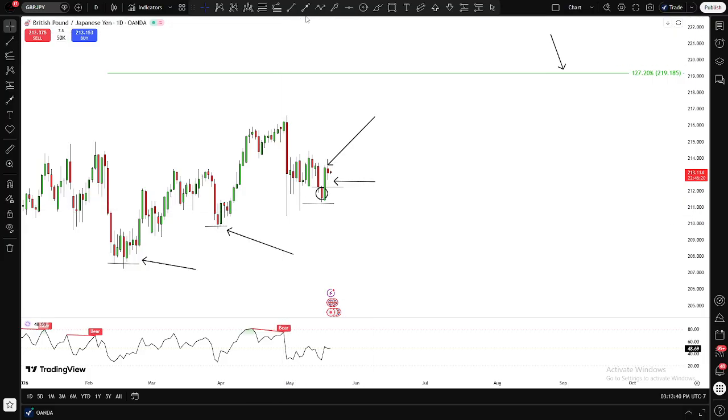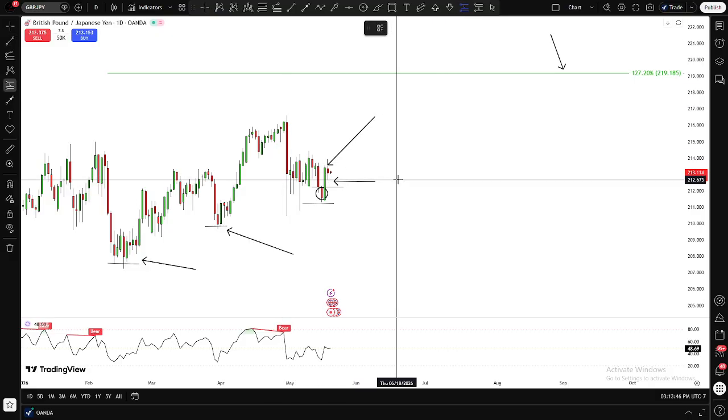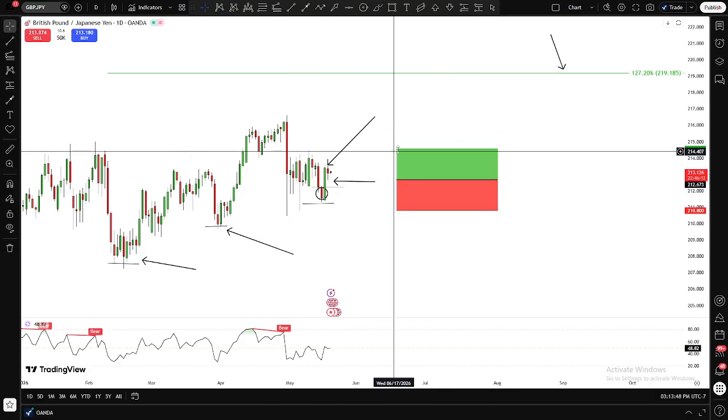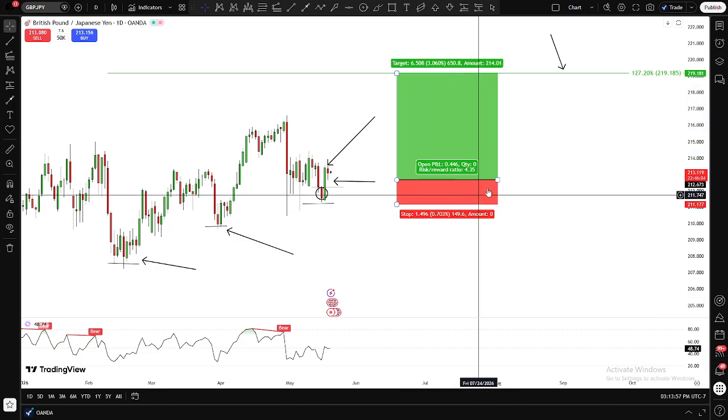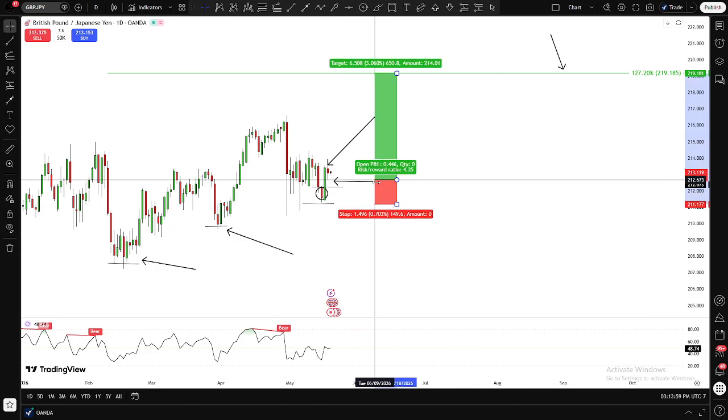So what you would do is you want to know what your risk versus reward looks like. You're going to enter somewhere around here, and your target at the 127. And if you want to know more about this, you can always go and refer back to the Harmonic Trading Academy playlist, where we do teach the 3-bar reversal in detail.